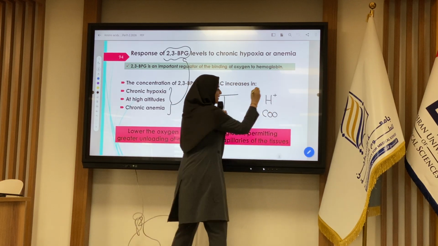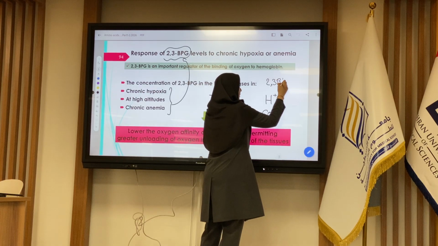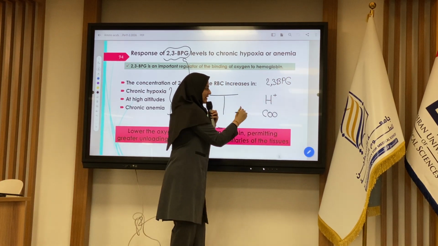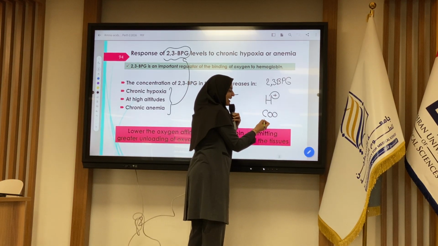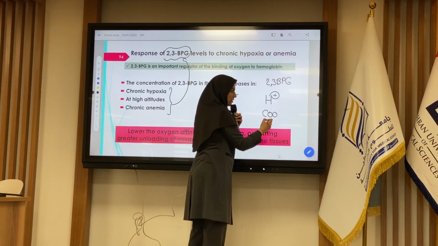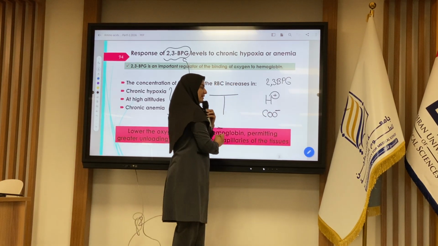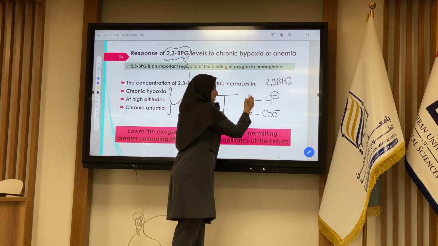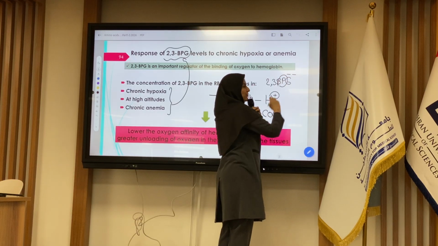We have 2,3-bisphosphoglycerate. At first, I want to explain that this is a charged molecule. Whenever carbon dioxide bonds to the hemoglobin, it enters the carbonyl. It has a negative charge, positive charge. And by phospho, I know that phosphate is full of negative charge.